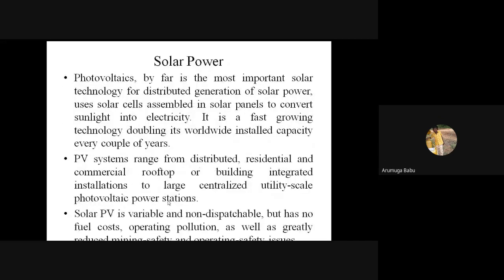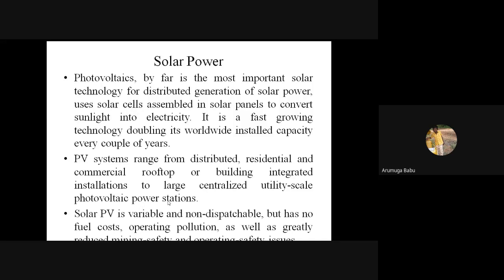Solar power. Photovoltaics or solar power is most important. In solar power, we extract electrical energy from the sun with two technologies: solar thermal energy generation and photovoltaic energy generation.